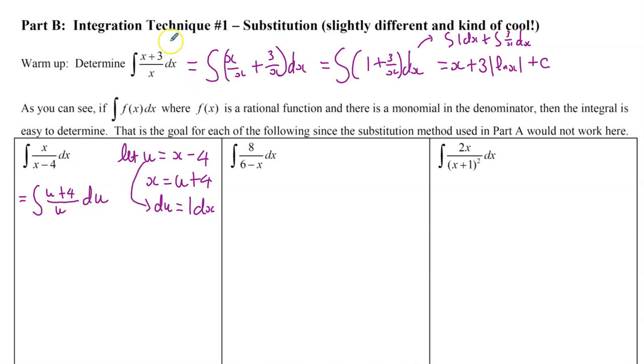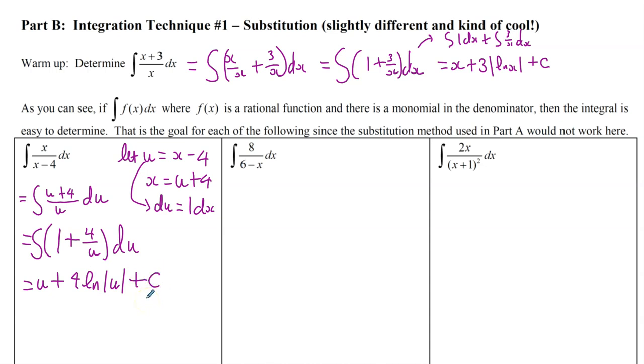Now this looks an awful lot like the warm-up, but let's do one thing: u over u is 1, plus 4/u du. Now we go straight to the answer: u plus 4 ln|u| plus C.